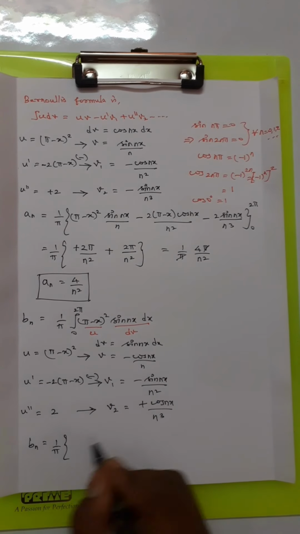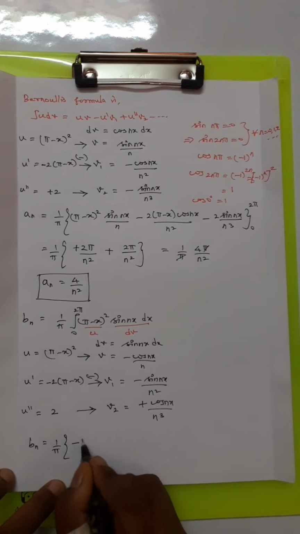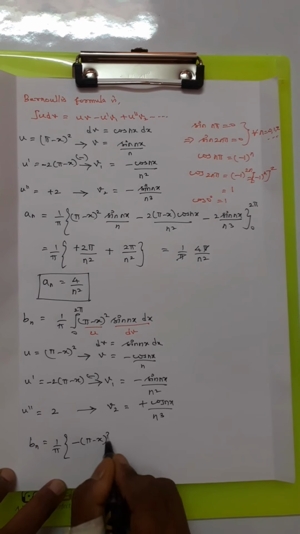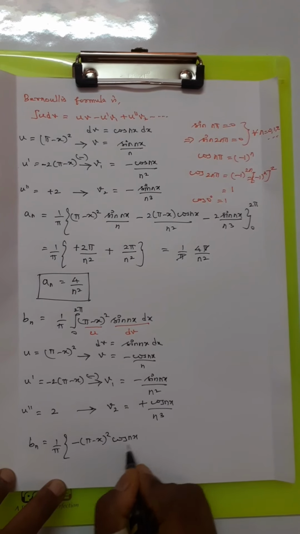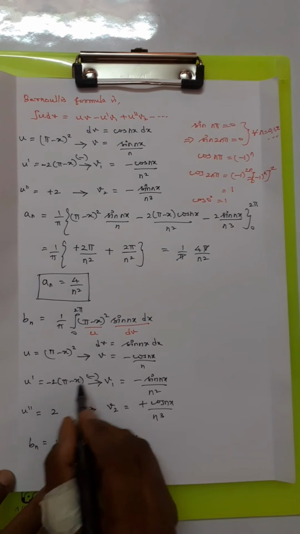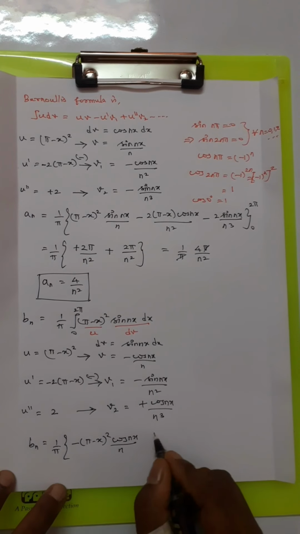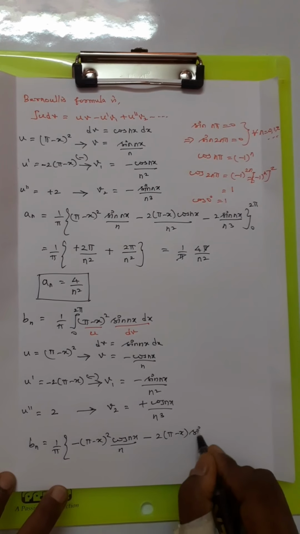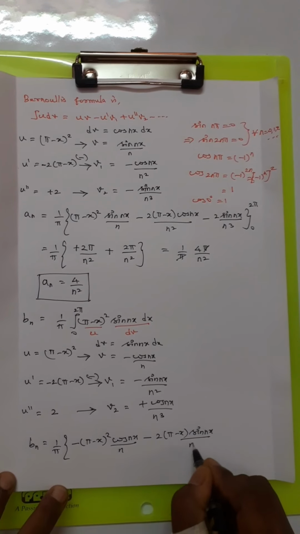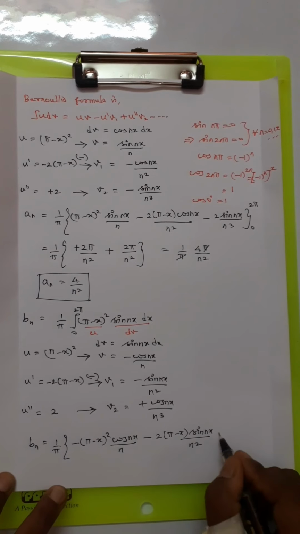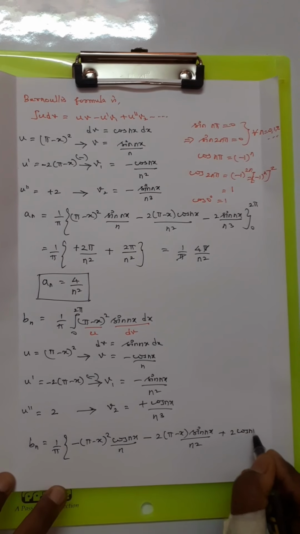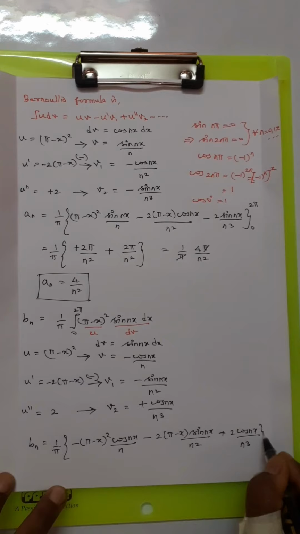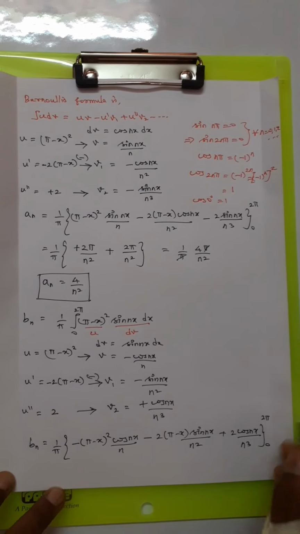So uv, we have a minus here, minus pi minus x the whole square cos nx by n. Then 1, 2, 3 minus are there. So minus 2 into pi minus x sine nx by n square plus 2 cos nx by n cube, 0 to 2 pi.